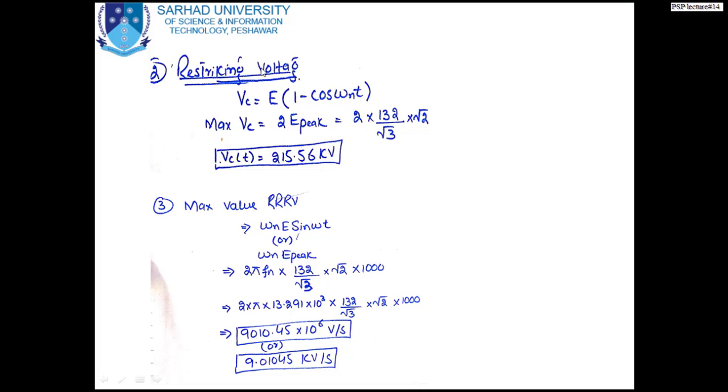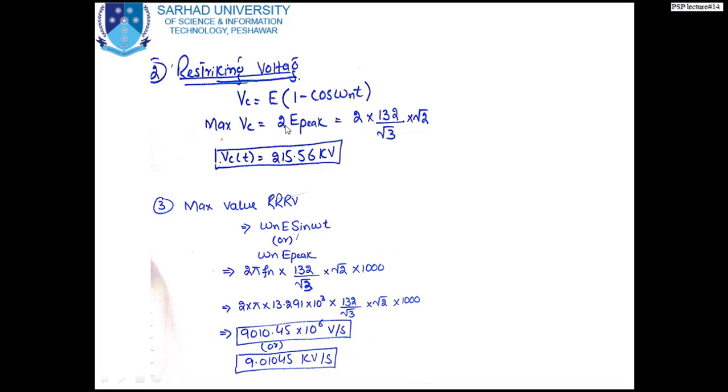Now from that we have derived the restriking voltage, and you can see the formula from the previous article we just did: Vc is equal to E into bracket 1 minus cosine omega n t. We have also already calculated the maximum value of this.